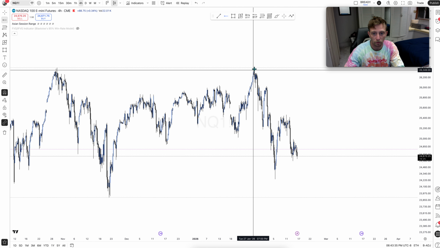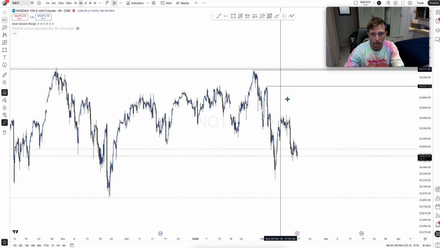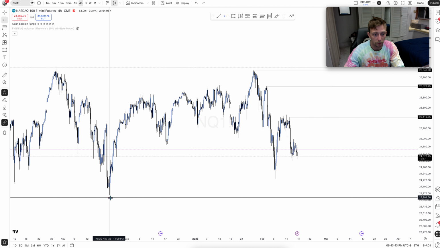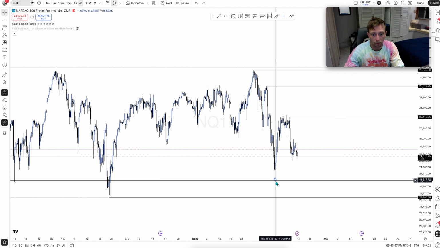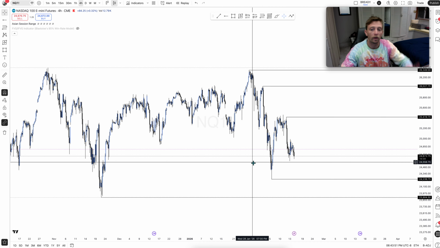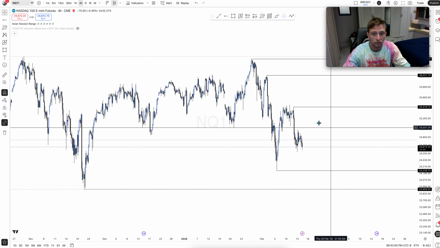I'll just take my horizontal ray, mark out the highs. See, there's a big low over here, and this low. The next thing I'll do is I'll stay on the 4-hour, and I will see if there's any 4-hour gaps.